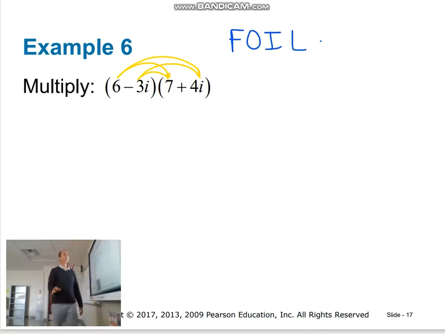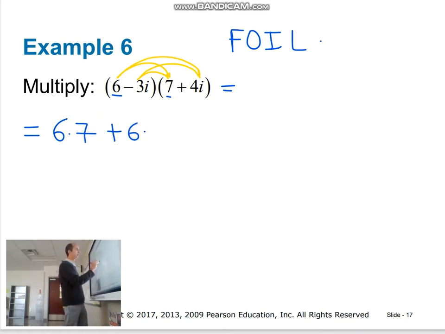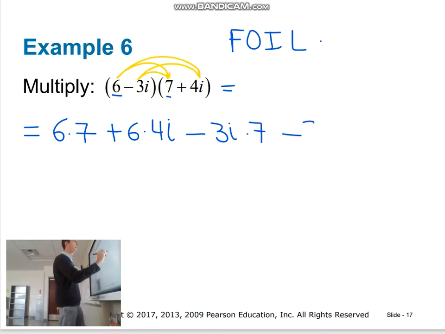I don't know if you remember, maybe you have seen this in high school. FOIL method. First, multiply the first ones: 6 times 7. Now the outer ones, 6 times 4i. And then the inner ones, negative 3i times 7. And finally the last ones, negative 3i times 4i.